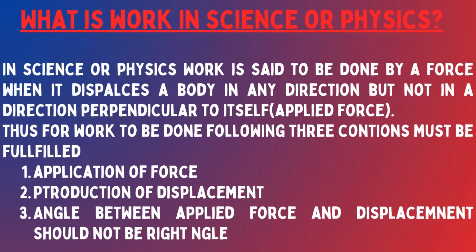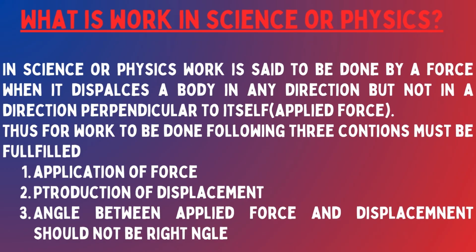So we can conclude that in science, work is said to be done when three conditions are fulfilled. All three conditions should be fulfilled, then we can say work is done.